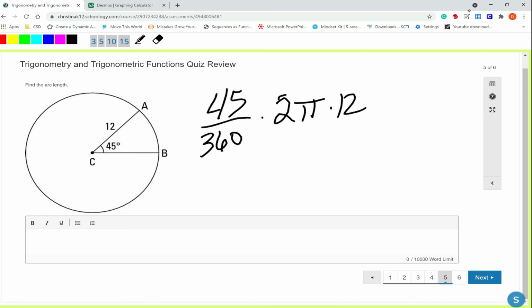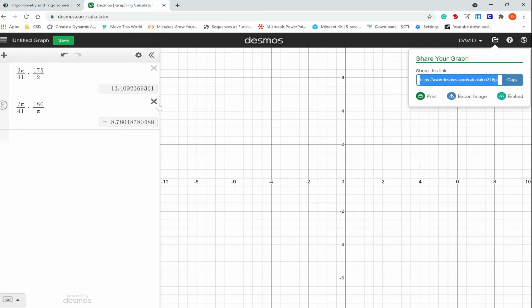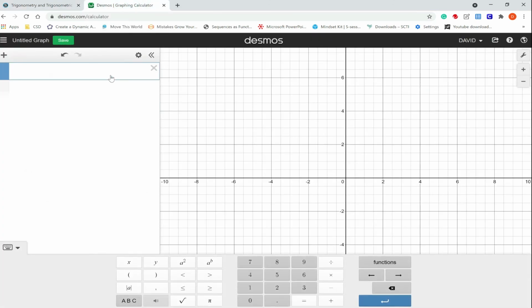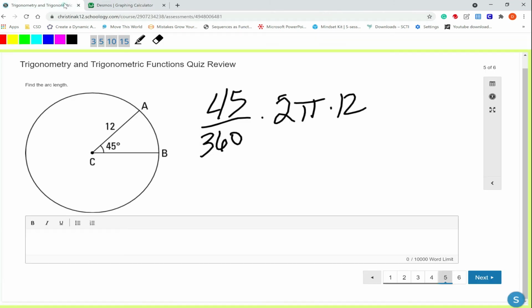So when we're in degrees, we do have to divide by 360 with our arc length formula. So just type that in the calculator. So 45 divided by 360 times 2 pi times 12. So our final answer would be 9.42.